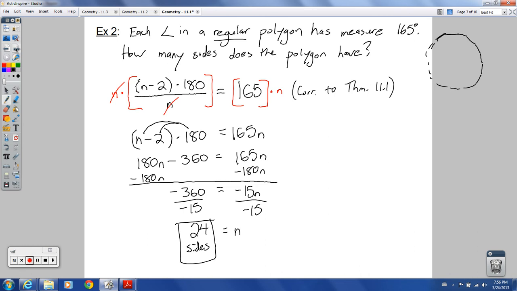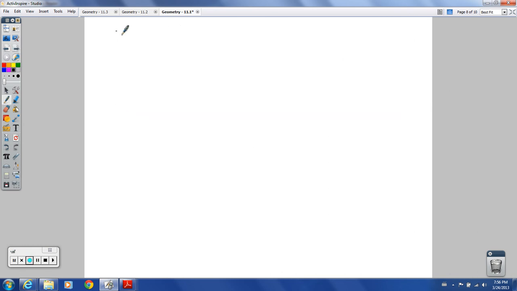Let's move on now to the other big kahuna in this lesson. It's called the polygon. We've been dealing with interior angles. This is the polygon exterior angles theorem. And this is theorem 11.2.